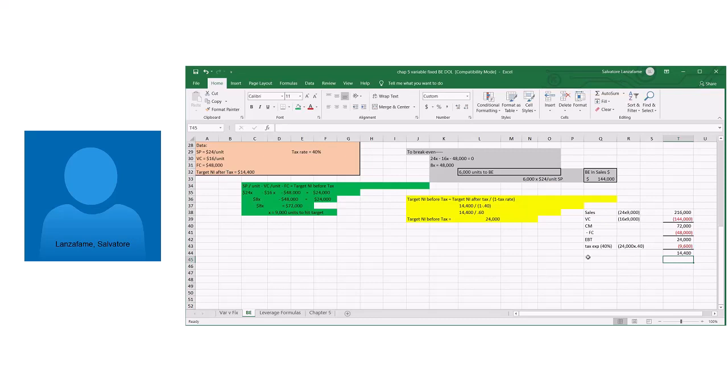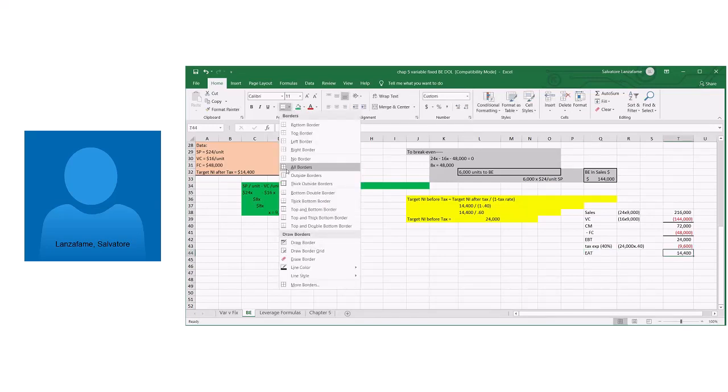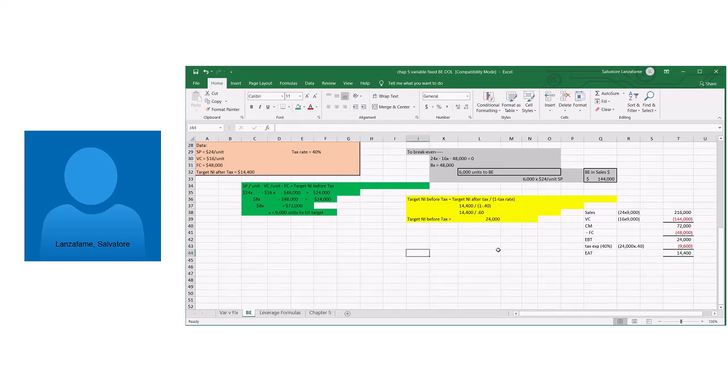There's your target net income after tax. So in order to get to where we had to do, I had to do some little algebra and knowing how to divide by 1 minus the tax rate in order to get it. So there's a little check to prove the accuracy of this stuff.